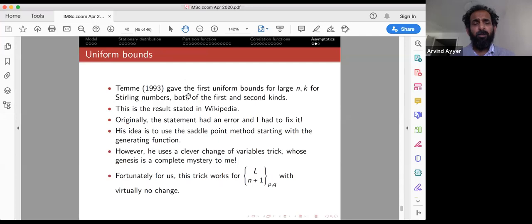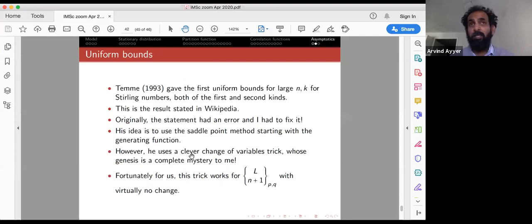And Temme gave the first kind of uniform bounds, and he did it in this paper in '93, both for first and second kinds. And fortunately for me, this was in Wikipedia. Unfortunately, there was an error, and I had to fix it, which I did a little carefully because I didn't want to upset people.